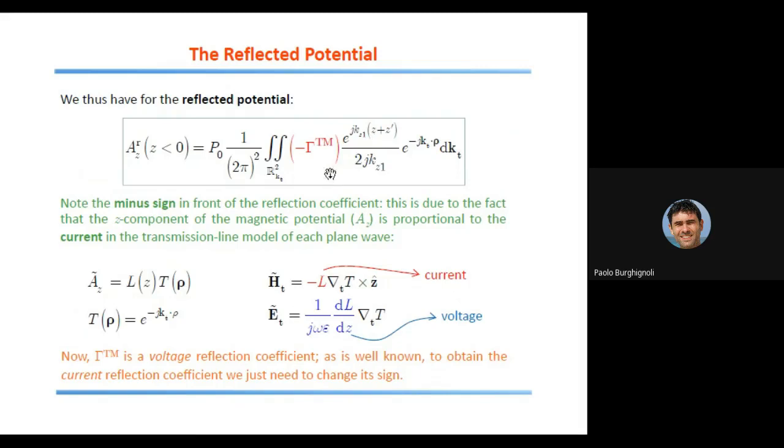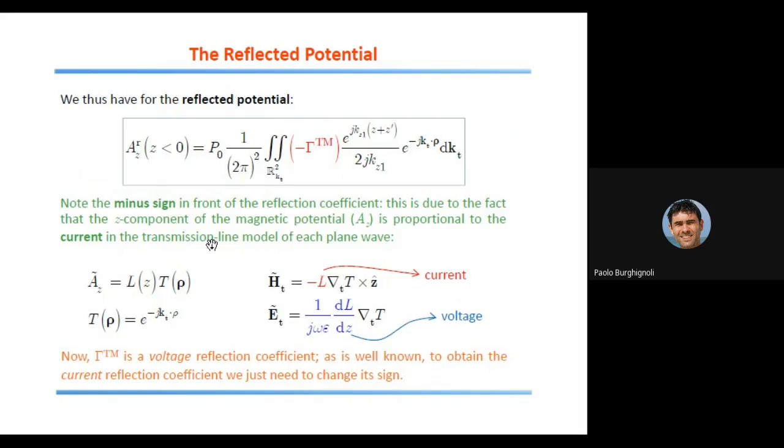Note also that there is a minus sign in front of the reflection coefficient, and the reason is that we are considering the z component of the vector magnetic potential A. And as you may recall from basic electromagnetic courses, this component is associated to a current rather than to a voltage in an equivalent transmission line model.